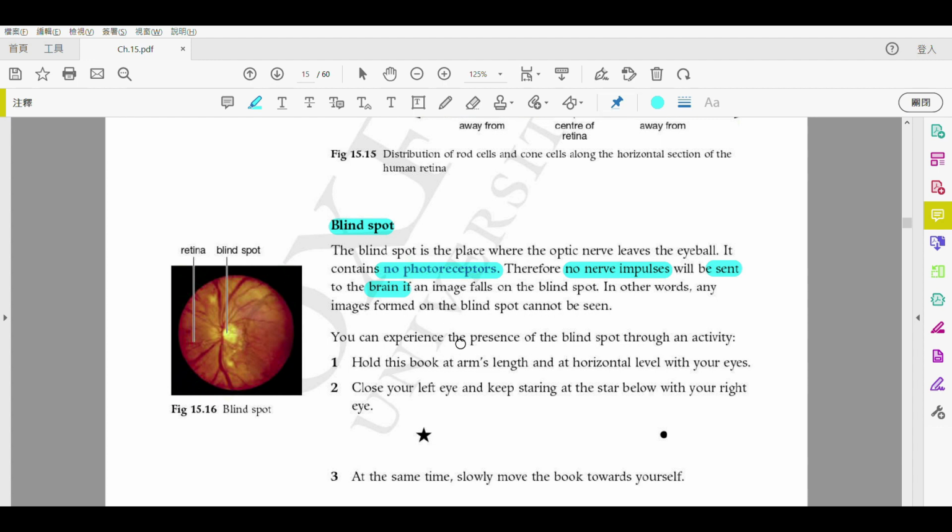Okay, but remember, image will still be formed on the blind spots. 仍然 the image will be formed. Just that image formed cannot stimulate the photoreceptors because there are no photoreceptors. 明唔明白? Alright, so make sure you know this concept.